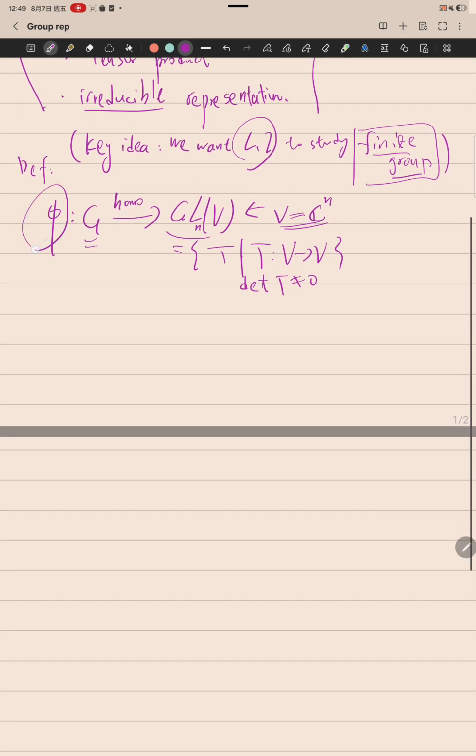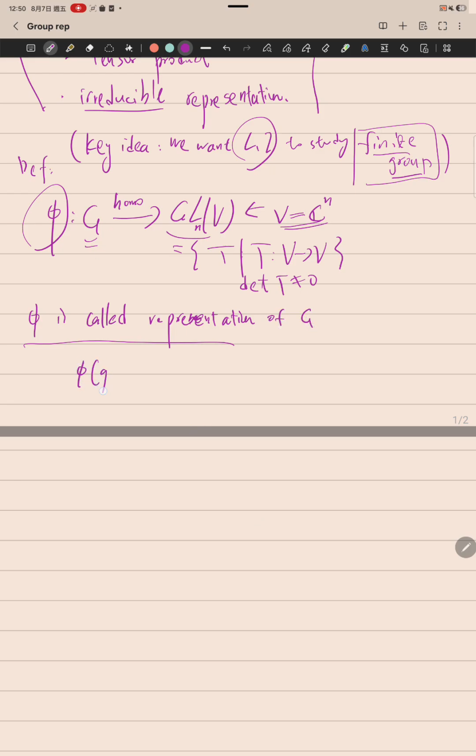And phi is called a representation of G, meaning this is a homomorphism: phi of GH equals phi of G times phi of H, and this is matrix multiplication.